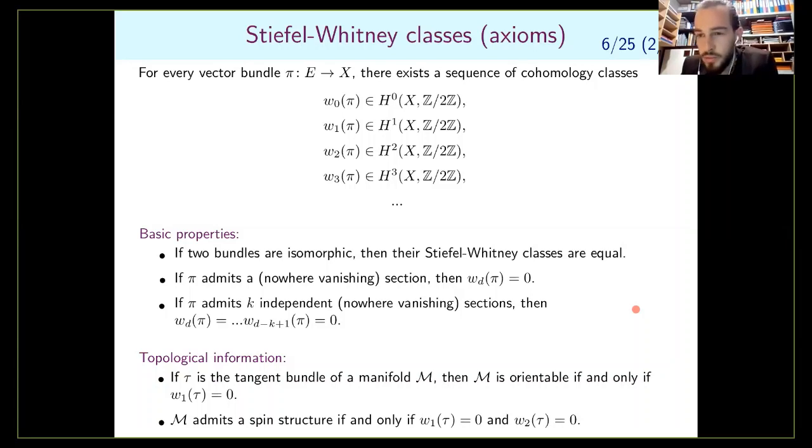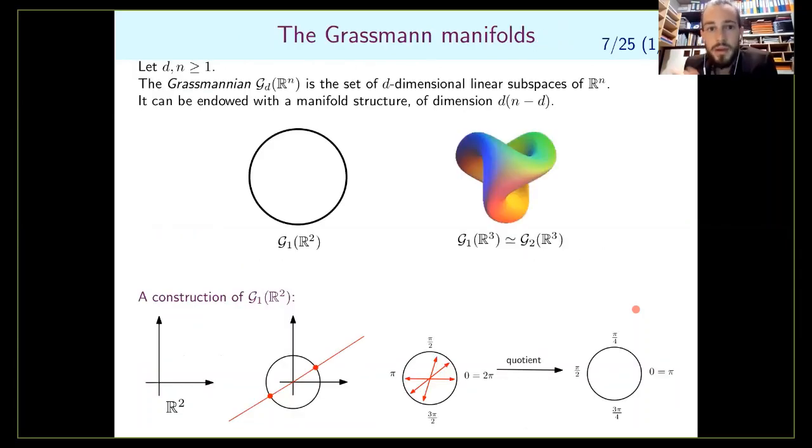So in order to get a bit further in the theory, we have to describe the Grassmann manifold. So let us pick two integers. The Grassmannian Gd of Rn is defined as the set of all the d-dimensional subspaces of Rn. And this set can be endowed with a topology and a manifold structure.